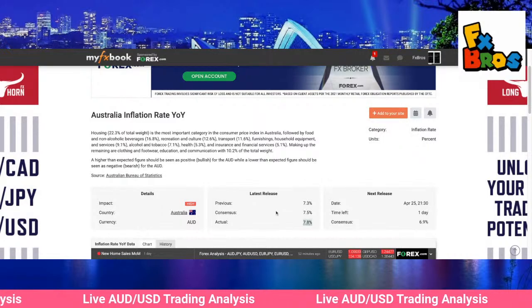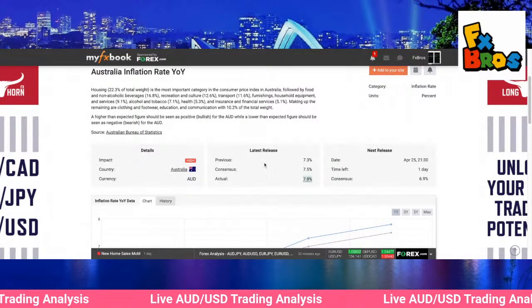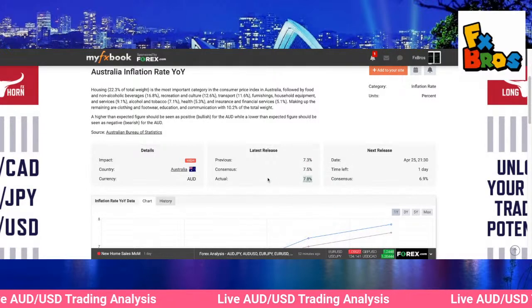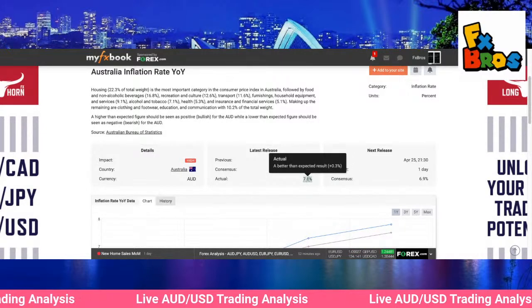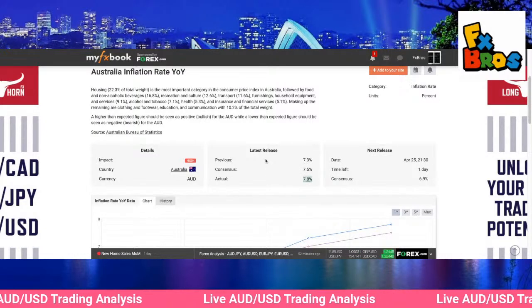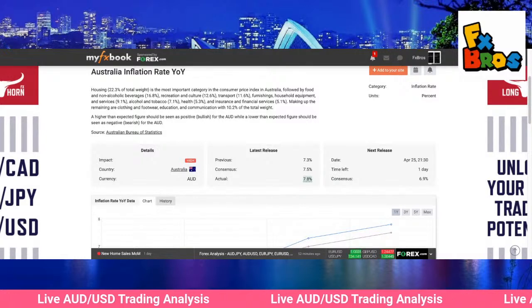Did this come out at the same time? I'm wondering. It's positive because it's highlighted green. Yeah, it was green. It was better, it was a higher number. Anything higher, it's going to say positive, because that's what positive is, like more.